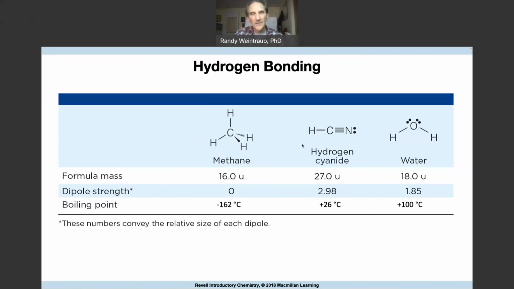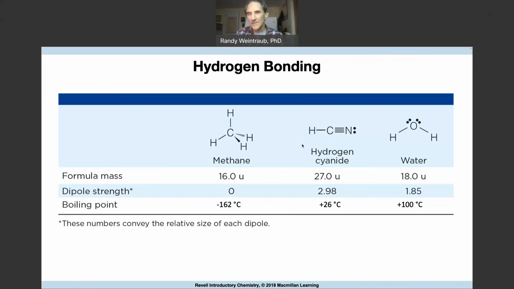Let's consider these three compounds. The first, methane, has no dipole. Because of this, the methane molecules have very weak interactions between each other, resulting in a very low boiling point, minus 160 degrees C. The second compound, hydrogen cyanide, has a large dipole.